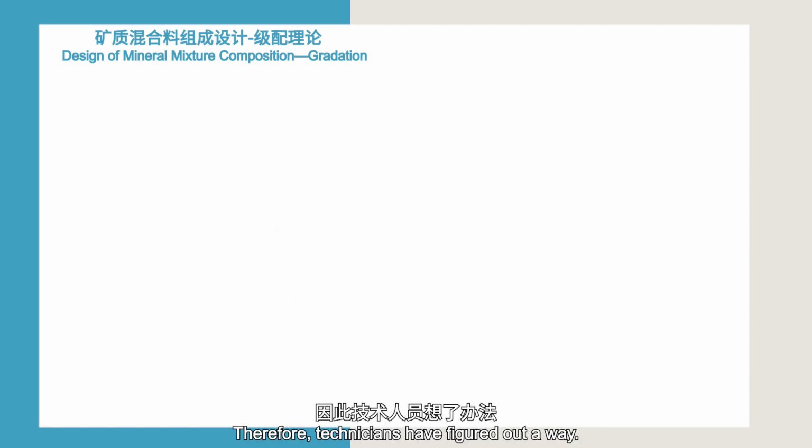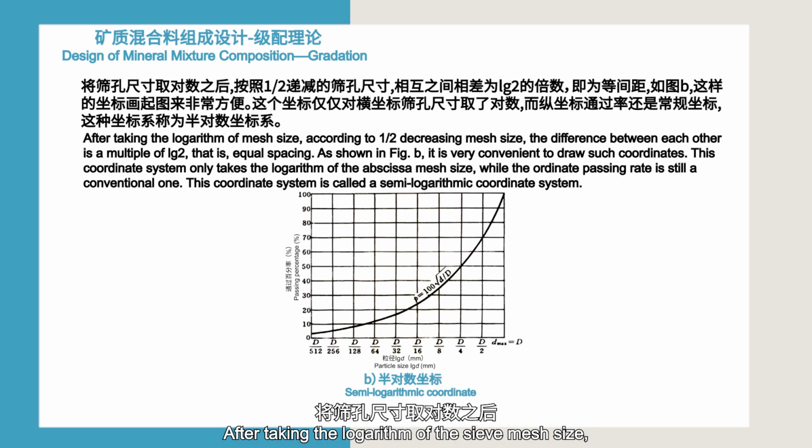Therefore, technicians have figured out a way. After taking the logarithm of the sieve mesh size, according to half decreasing sieve mesh size, the difference between them is a multiple of log 2. That is equal spacing. As shown in Figure B, it is very convenient to draw such coordinates.